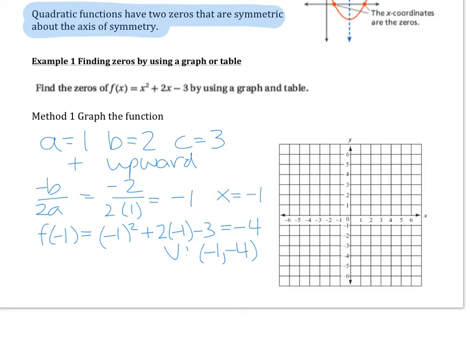So we can plot those points, negative 1, negative 4. My y-intercept is negative 3. So the next thing I might want to do, so we have this table.